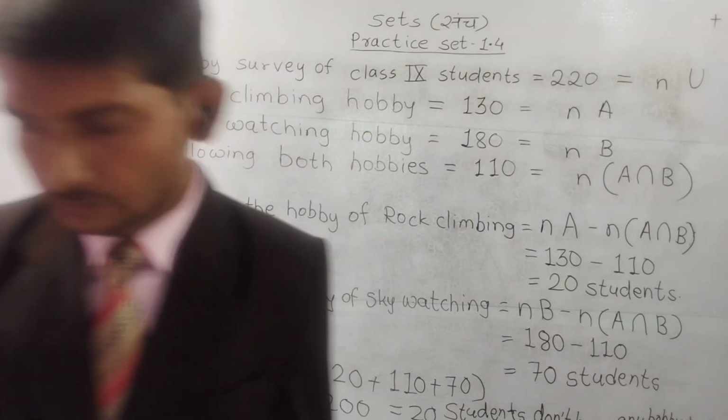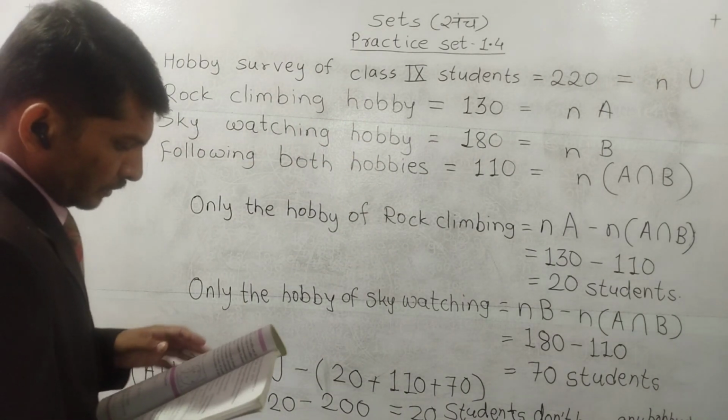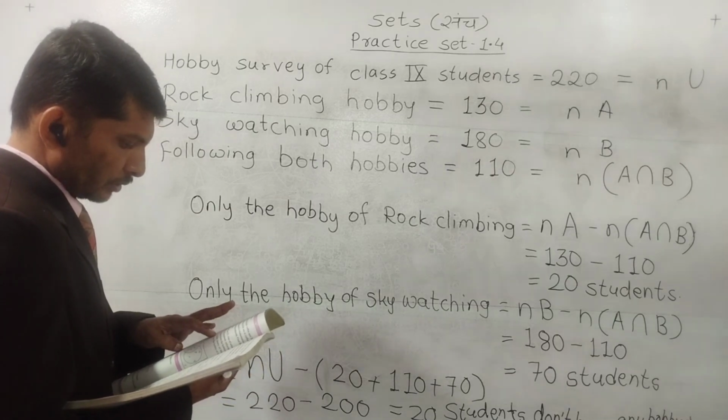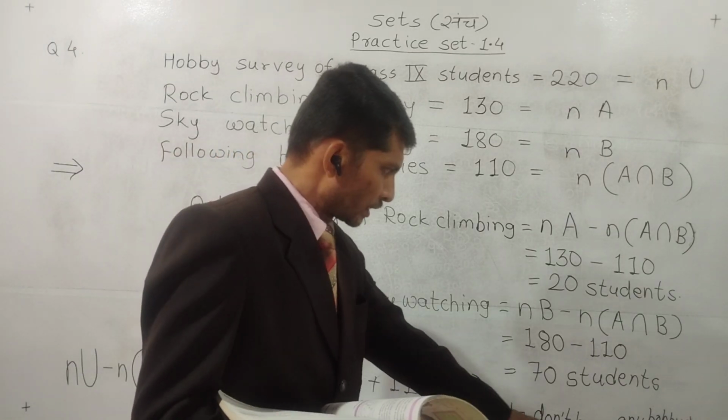Write down. Okay. How many students do not have any of the two hobbies? This is the answer. Okay, this is the answer. 20 students don't have any hobby.